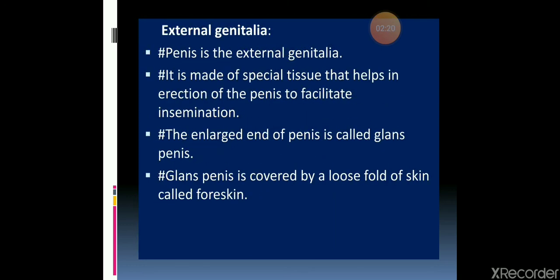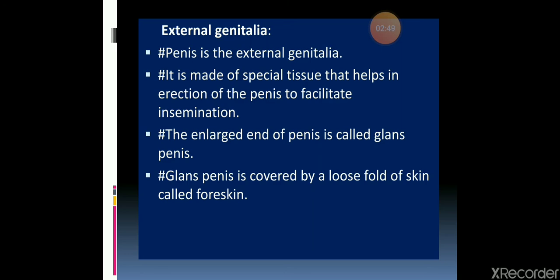So next, the last part of this male reproductive system is the external genitalia. The penis is the external genitalia and it is made up of special tissue that helps in erection of the penis to facilitate insemination, to transfer the sperms into the female reproductive tract. The enlarged end of the penis is called the glans penis, and the glans penis is covered by a loose fold of skin, and that you call foreskin.